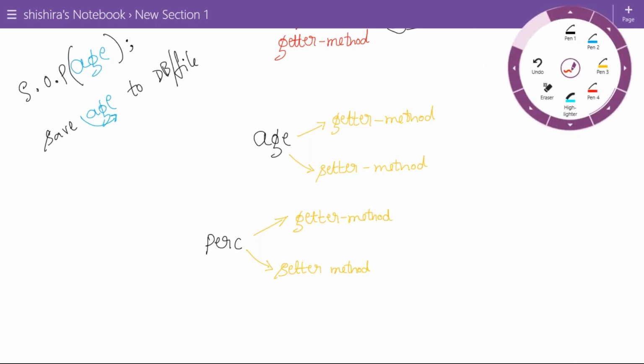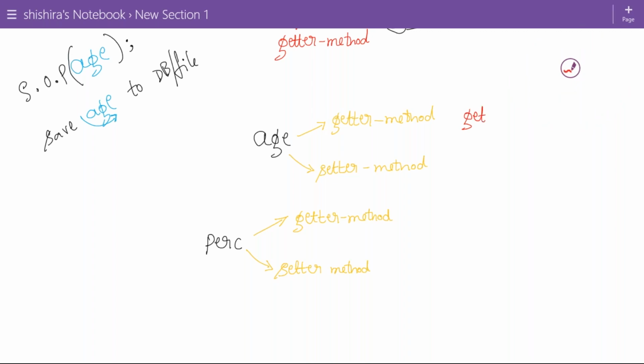So for example, here the getter method name is get age, get the age, and similarly the setter method is called set the age.